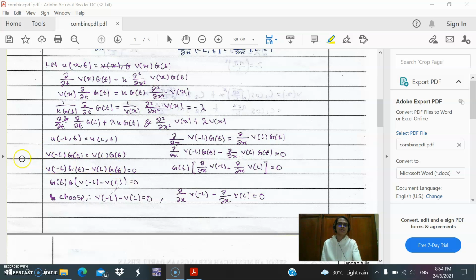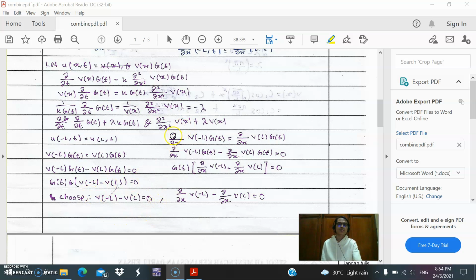Kita bawa keluar G(t) dan kita akan dapat equation macam ni. So, kita akan ada dua pilihan untuk pilih G(t) equals to 0 atau V(-L) tolak V(L) equals to 0. So, kita takkan pilih G(t) sebab we need to avoid trivial solution. So, kita akan ambil equation ni.